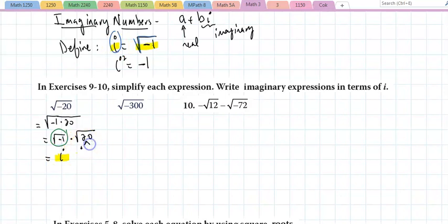And isn't this 4 times 5? Doesn't the 4 clear the radical, and what's left underneath the radical. But it is a good habit to write the number first and the variable after.